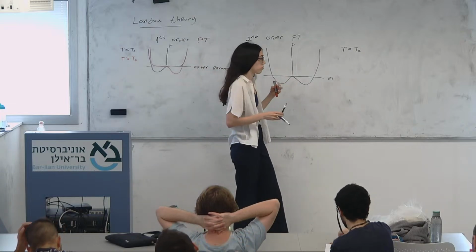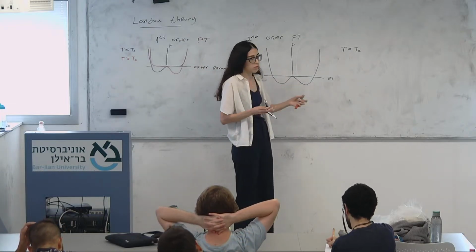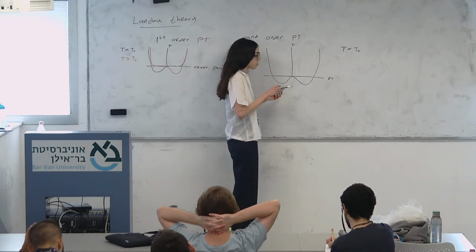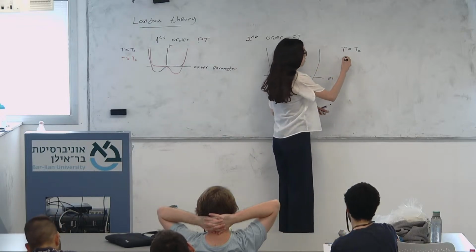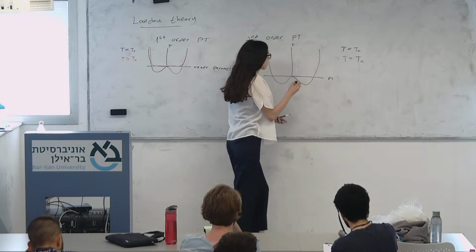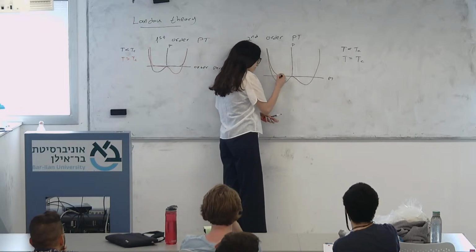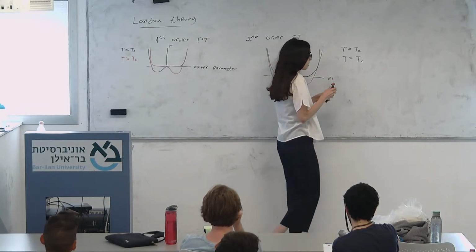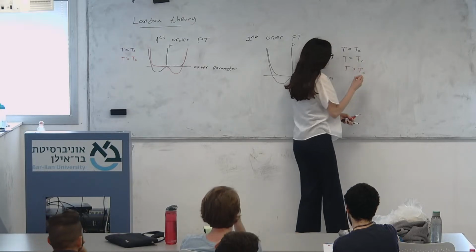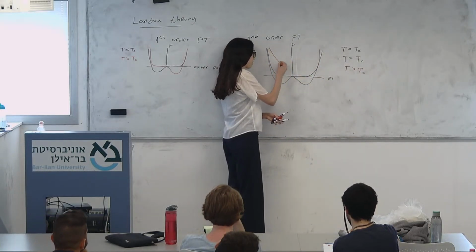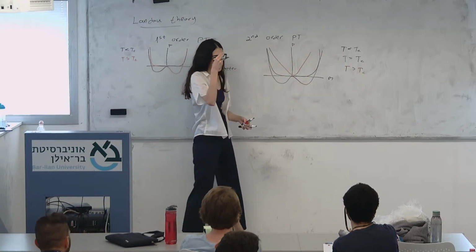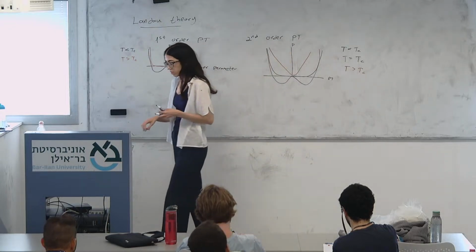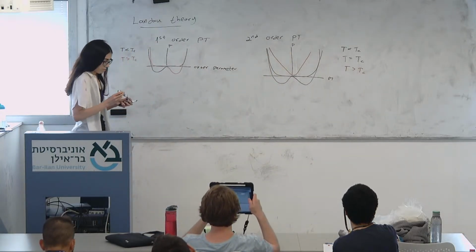The system is going to choose basically randomly one of those. This is called spontaneous symmetry breaking. We increase the temperature until T equals T critical, until we get this flat bottom. And when we get above the critical temperature, this becomes a parabola type function. So we have one minimum, usually at 0.